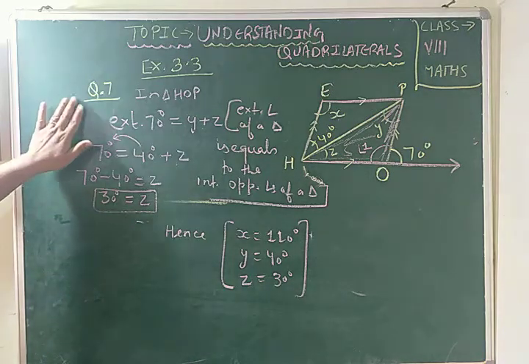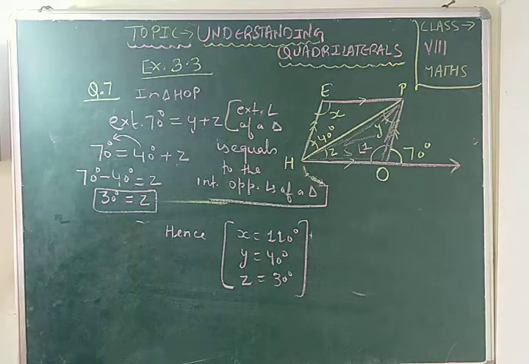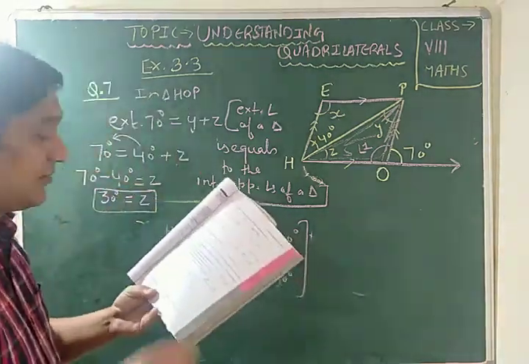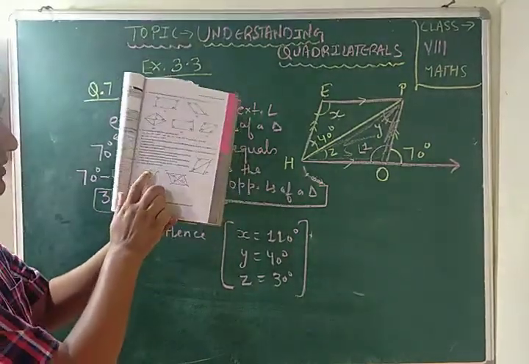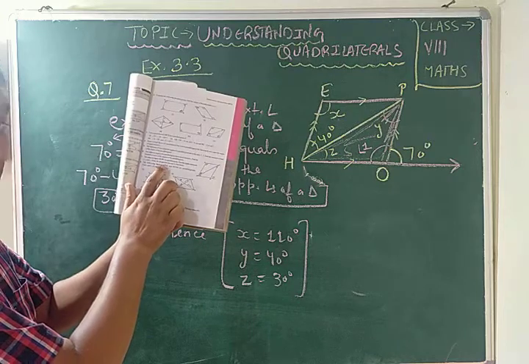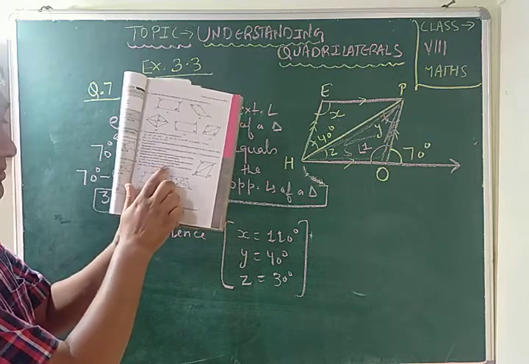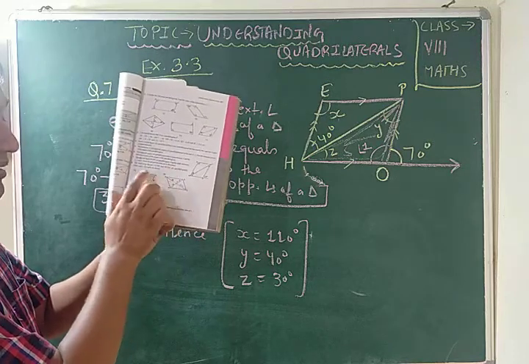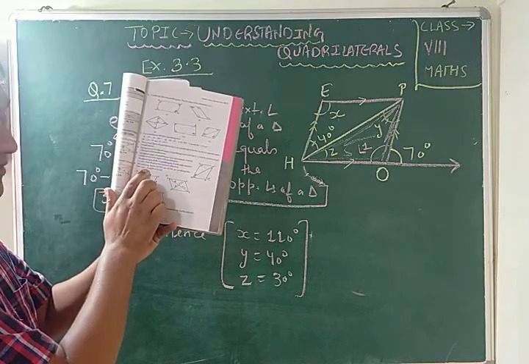After question number 7, children, we will do question number 8. Now, question number 8 is what? The following figures were given, this figure and this figure. The following figures, that is GUNS, and the second is RUNS, are parallelogram. Here also we have to find x and y.